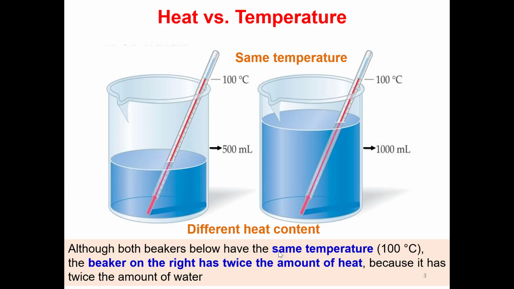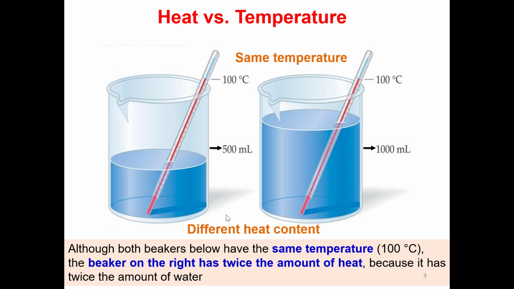In this presentation, we are going to focus on the concept of temperature, but first, heat and temperature are not the same. One example: we have two beakers, but in one beaker we have twice the amount of water. The water in these two beakers is at the same temperature, 100 Celsius.